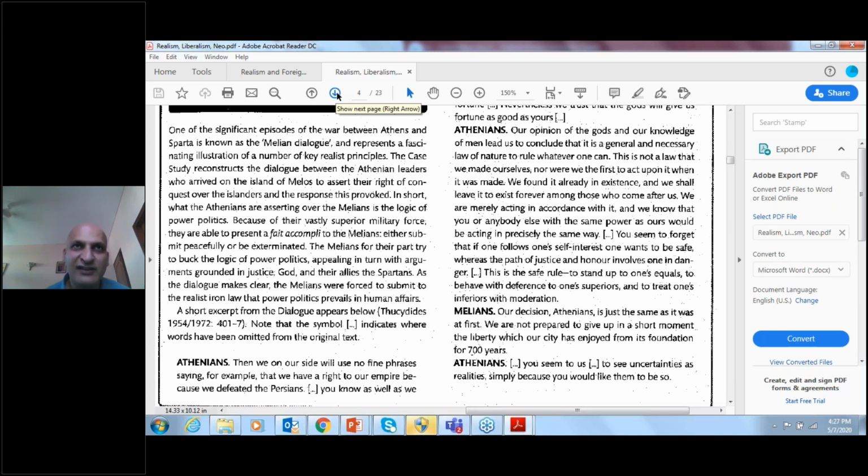The Melians refuse this. They say, sorry, this is not just. Every state has the right to be independent, to self-respect and sovereignty and all of that. And the Athenians tell them that, look, there is no harm in bowing to someone who's more powerful.